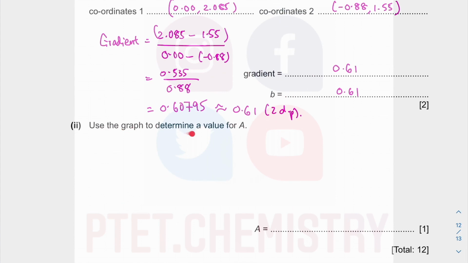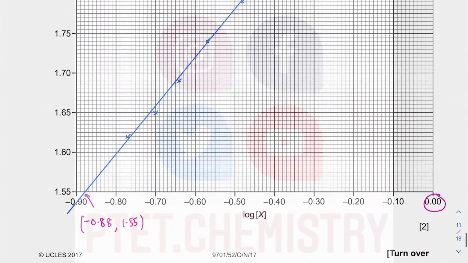Use the graph. Oh my god, this is difficult. So you've got to use the graph. Remember, A is your y-intercept. When we plot the graph, you see how it actually goes beyond the line.